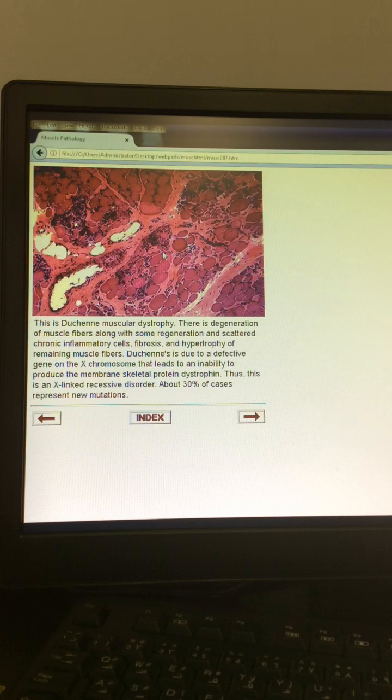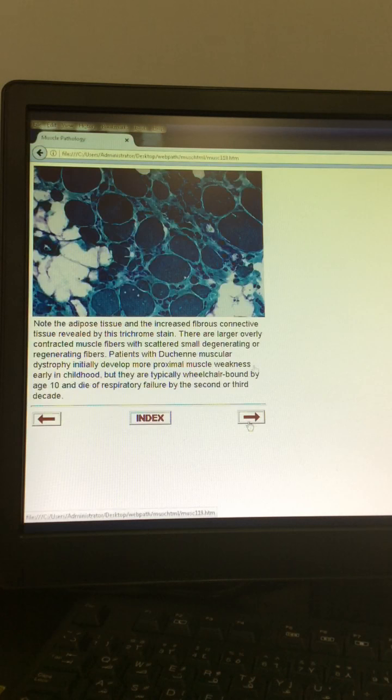We have large and small infiltrated by lymphocytes, and in between there is fatty and fibrous tissue infiltration in a case of Duchenne disease. Another picture seen using the trichrome special stain where you can see the fibrous tissue in between, and here variable size muscle fiber, fatty infiltration and inflammatory cell.